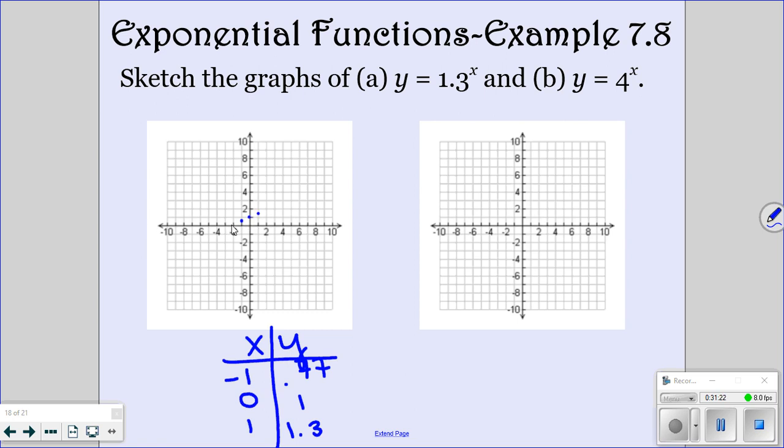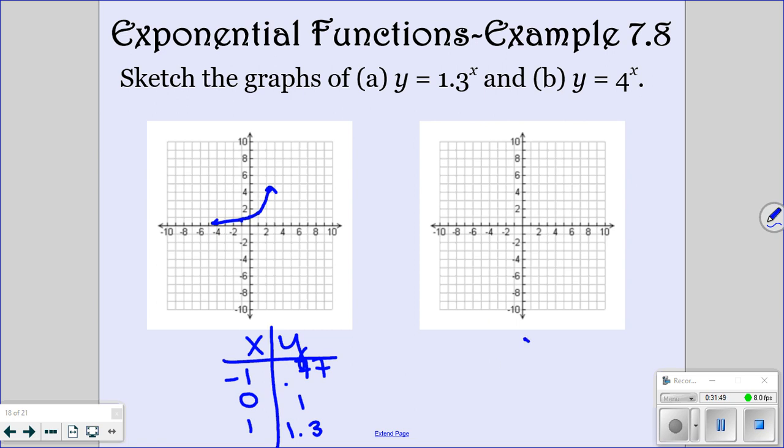And you can keep graphing more if you need to, because right now it looks like a straight line. But it's going to approach the x-axis. It's never going to cross it though. It's just going to approach it, and then it's going to slowly increase. And so that's what that graph would look like for y equals 4 to the x.